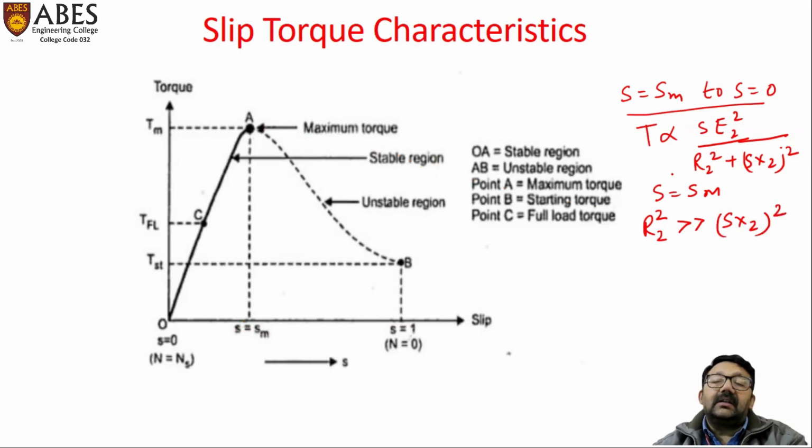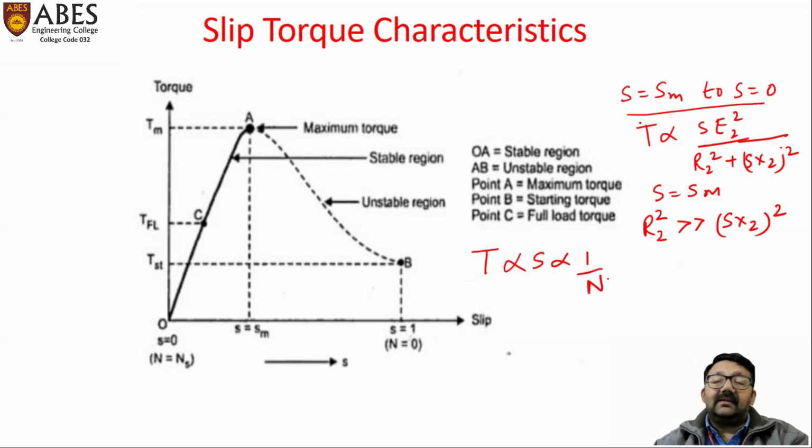In the denominator, the slip now becomes so small that the term (S X2) square can be neglected when it is compared with R2. So now, after crossing the maximum torque, the torque becomes directly proportional to the slip and inversely proportional to the motor speed.